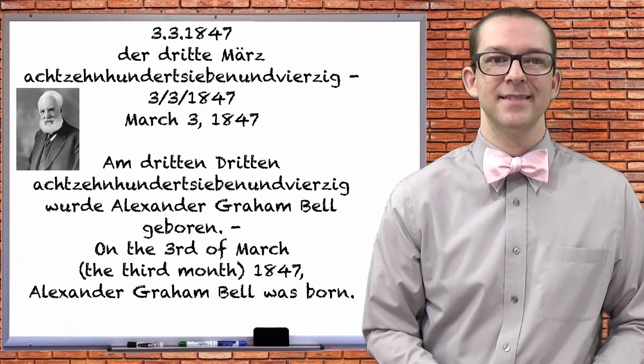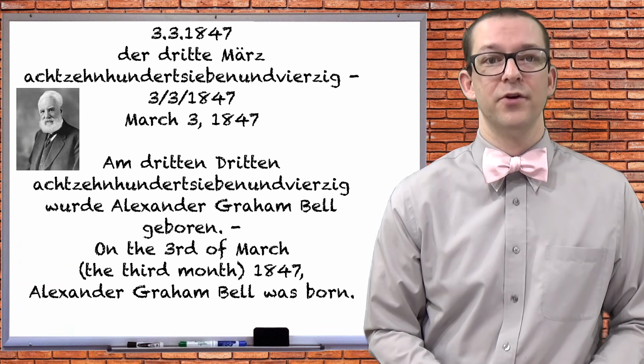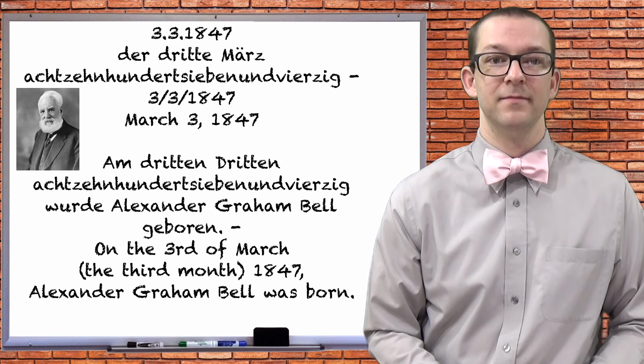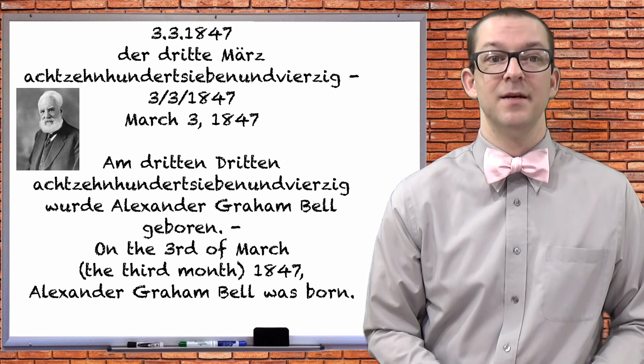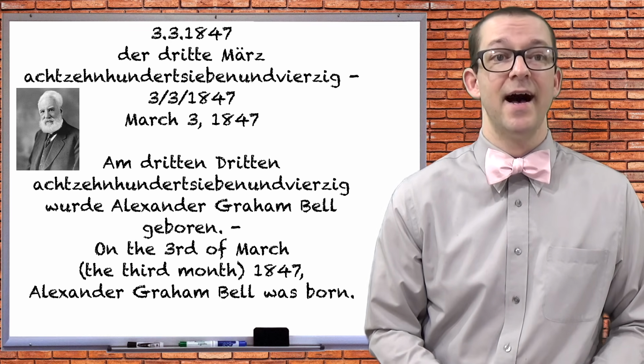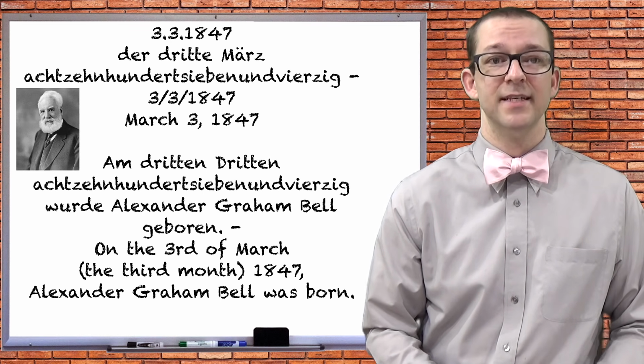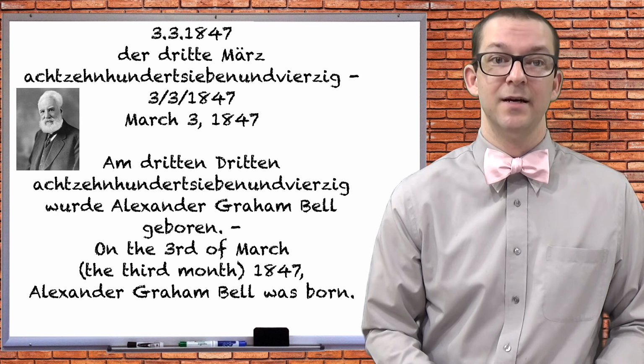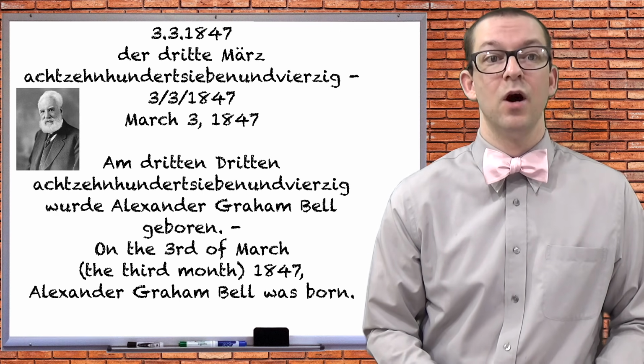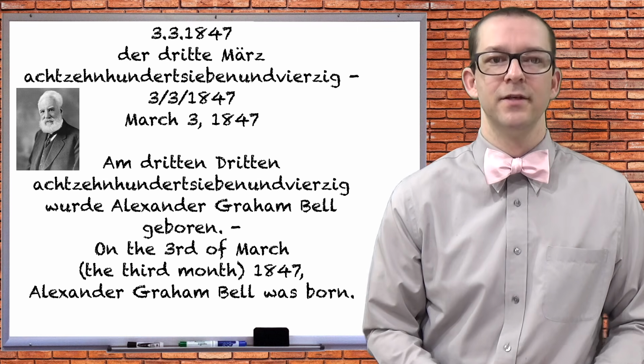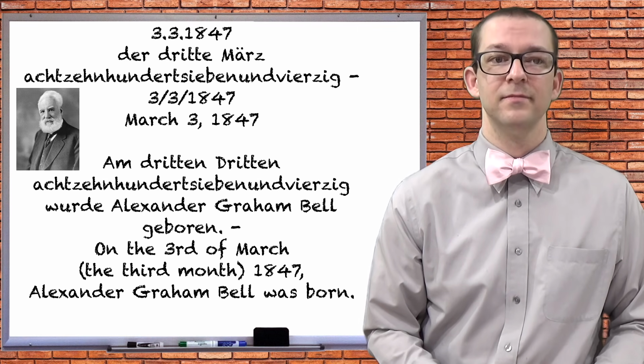Der 3. März 1847. March 3rd, 1847. Alexander Graham Bell's Geburtstag. Alexander Graham Bell's birthday. Am 3.3.1847 wurde Alexander Graham Bell geboren. On the 3rd of March, the third month, 1847, Alexander Graham Bell was born.